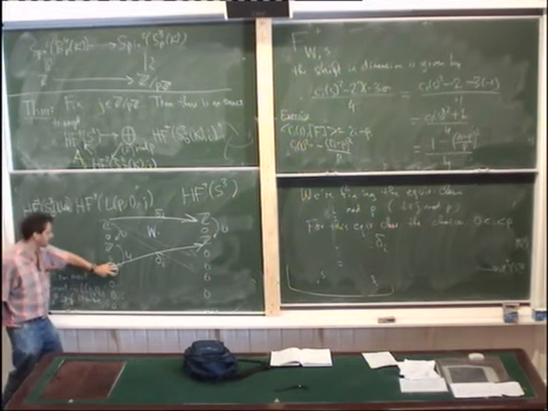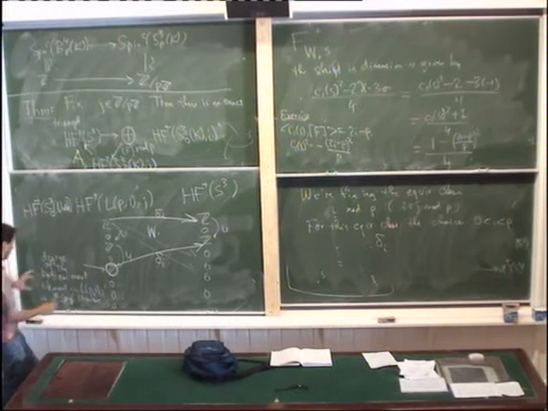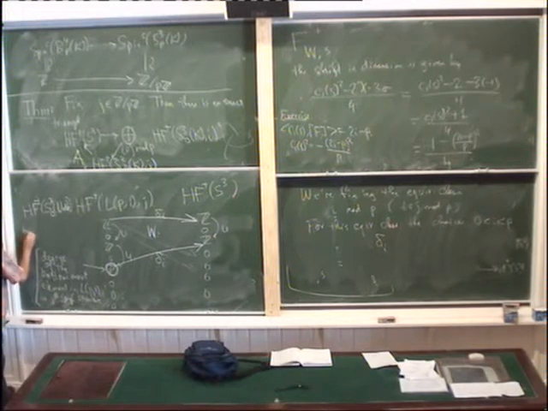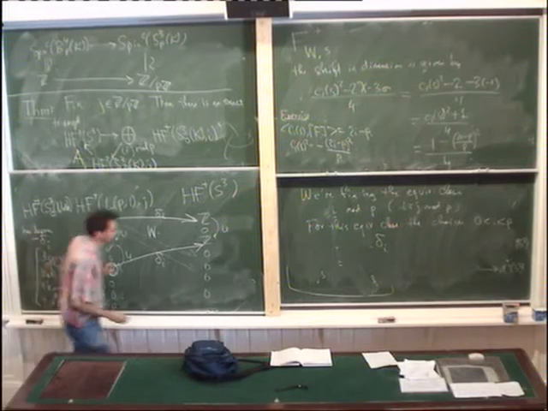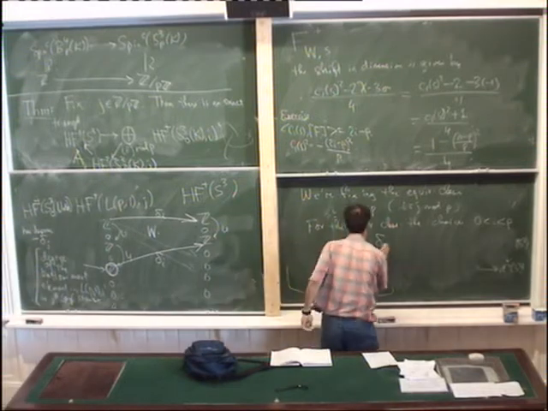So that tells you that the bottommost degree element in this spin^c structure has degree minus delta j. So let's not call it delta i, let's call it delta j.